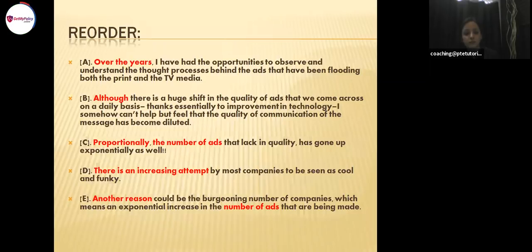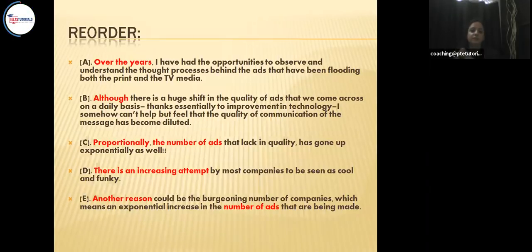Me, the cause and effect. The reason they have told me is that something is going on on the bad side. What should be the reason? The burgeoning number of companies, which means an increase in the number of ads being made, then the lag in quality has gone up exponentially as well.